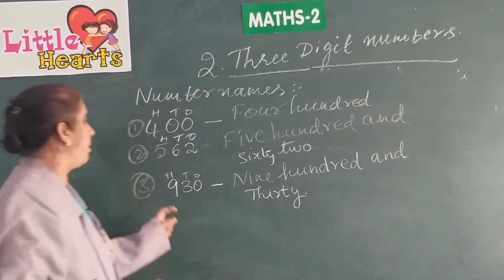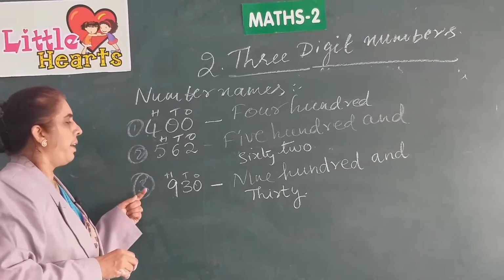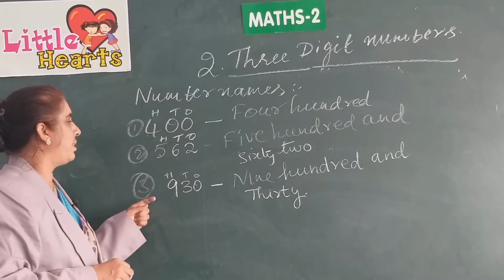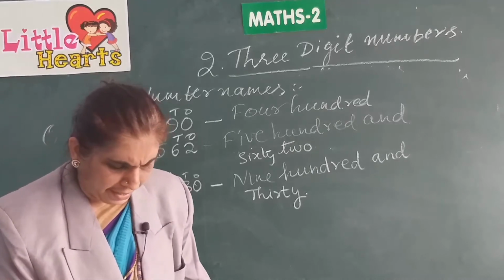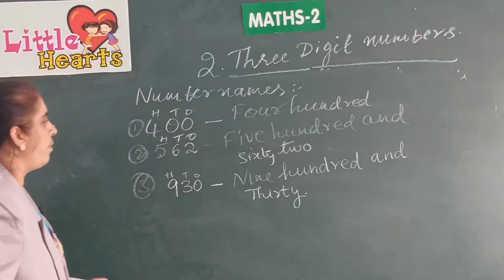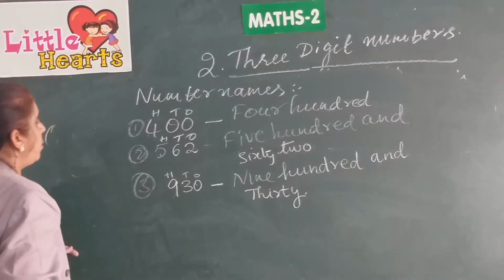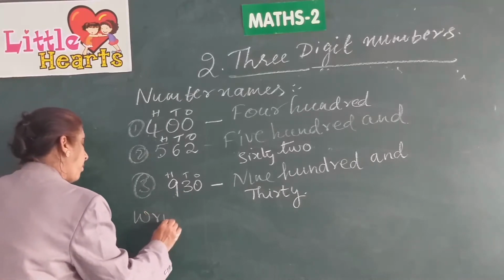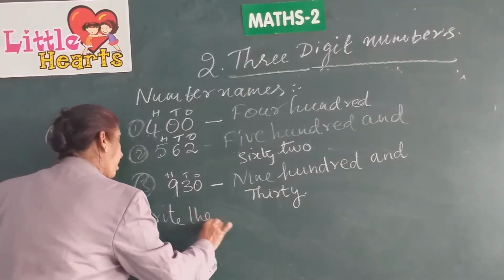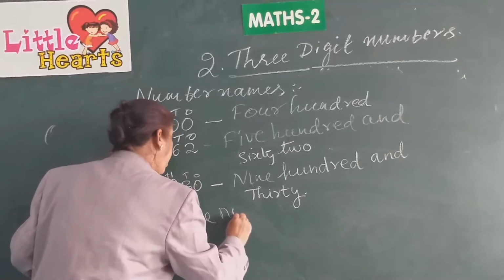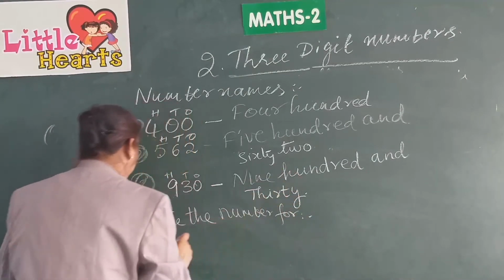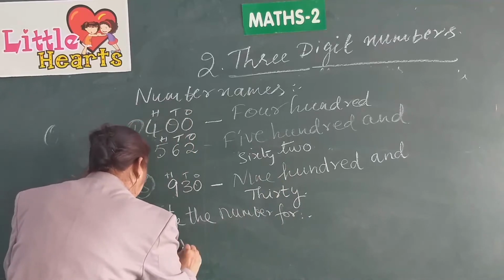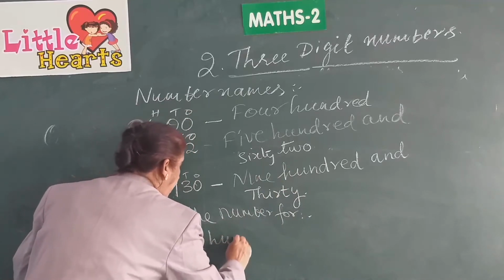So in this way you should be able to read and write the number names of the 3-digit numbers from 100 to 999. Now the number name will be given. You should write the number. Write the number for 370.